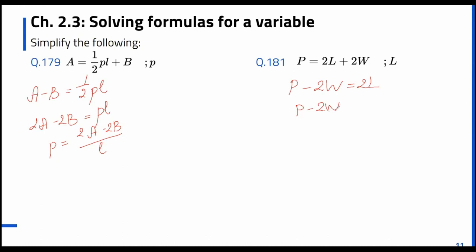Yeah, over L is equal to P. No, over what? Sorry. Oh, over 2. Exactly. And it equals L. Okay. So you can copy the solution.